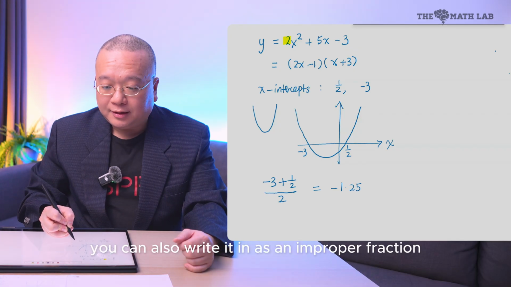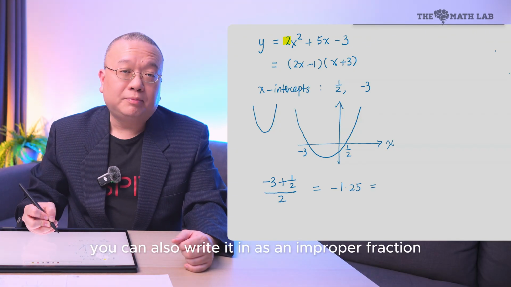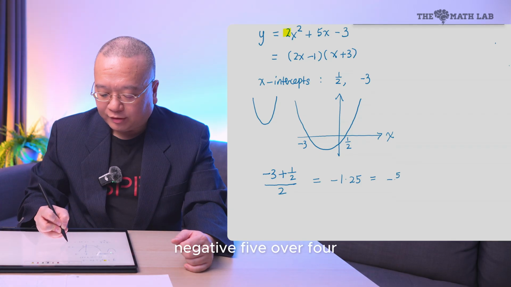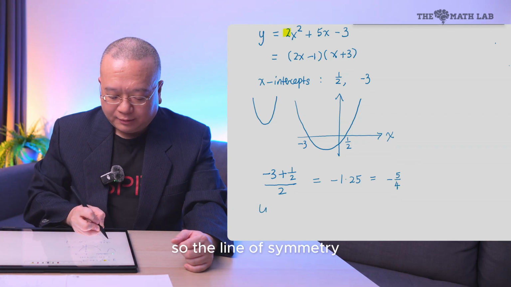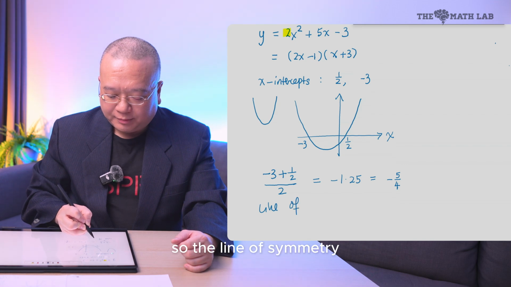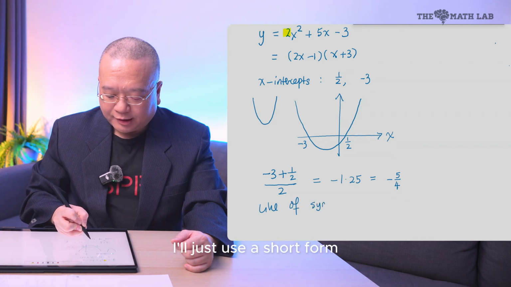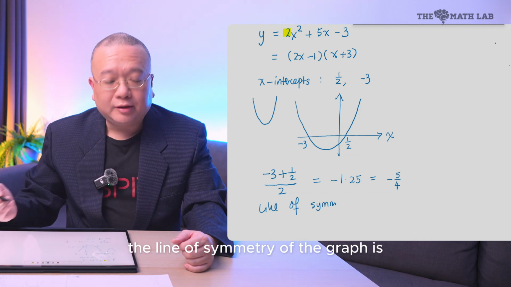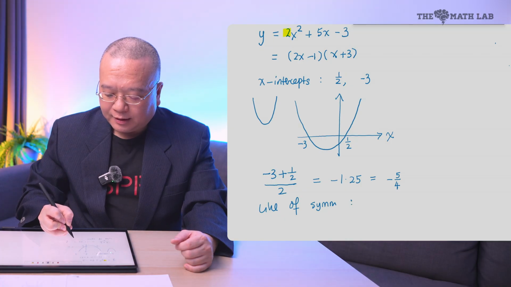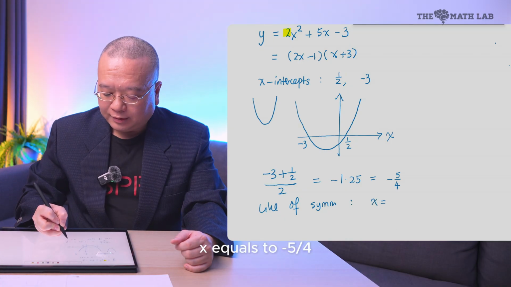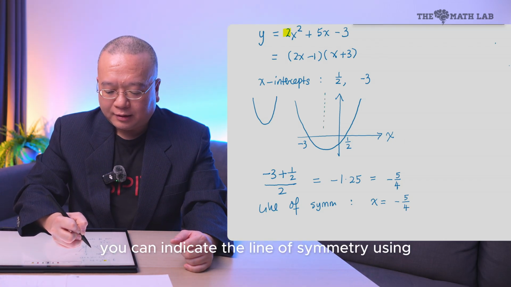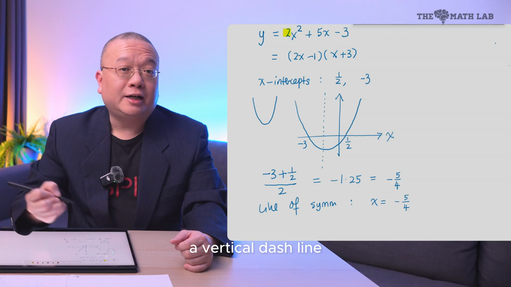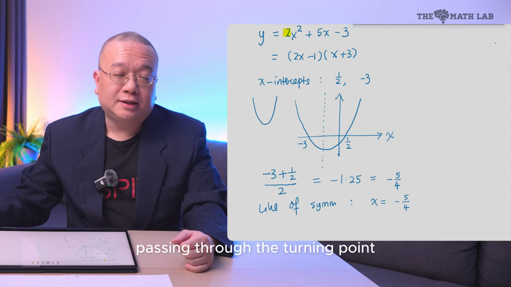You can also write it as an improper fraction, negative 5 over 4. So the line of symmetry of the graph is x equals negative 5 over 4. You can indicate the line of symmetry using a vertical dashed line passing through the turning point.